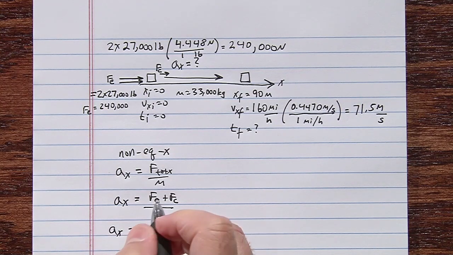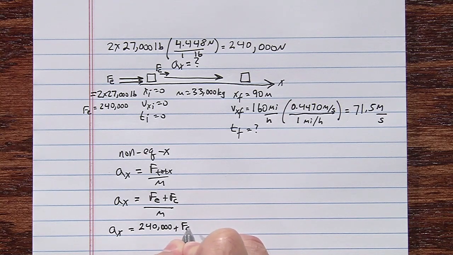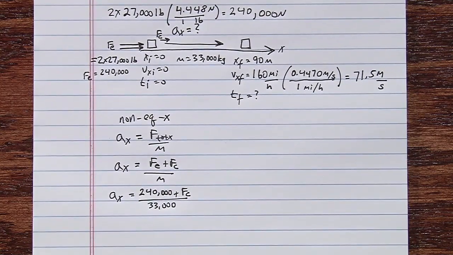So ax is equal to 240,000 newtons plus the force of the catapult divided by the mass of 33,000 kilograms.